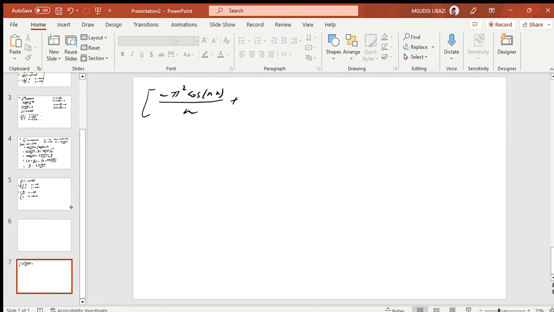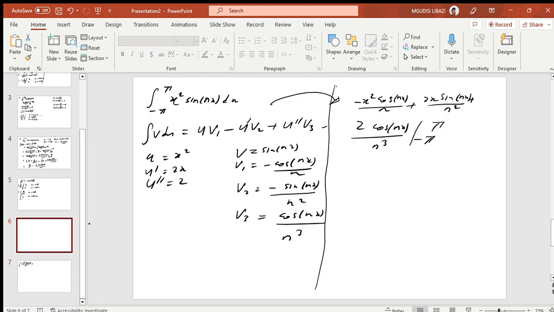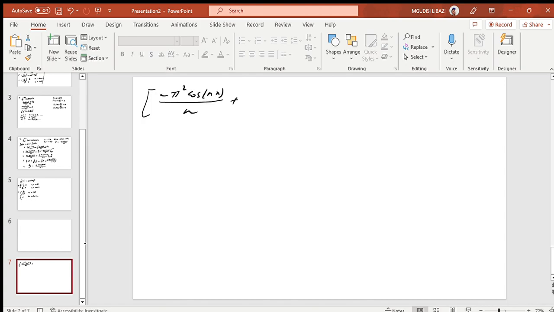Then for the middle term, we have sine of pi n, and we know that sine of pi n always gives us 0, so the second term will just be 0. Going to the third term, when substituting pi, we get 2 cosine of n pi divided by n raised to 3.